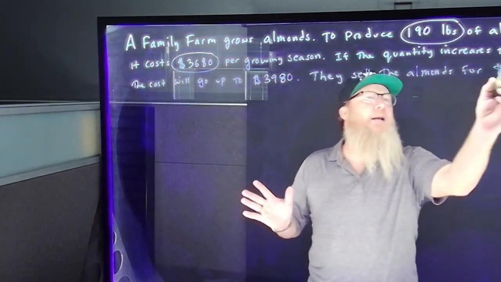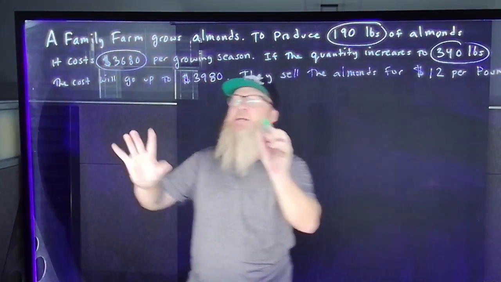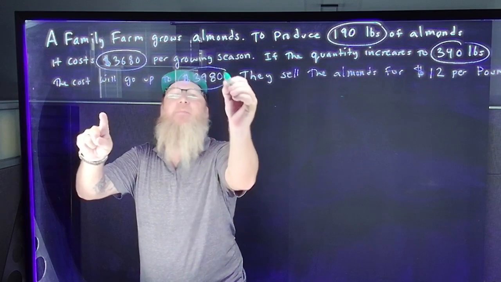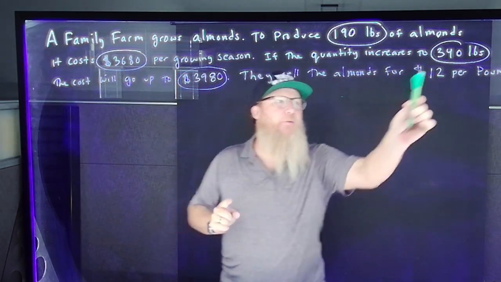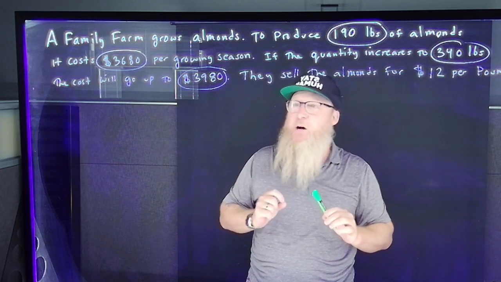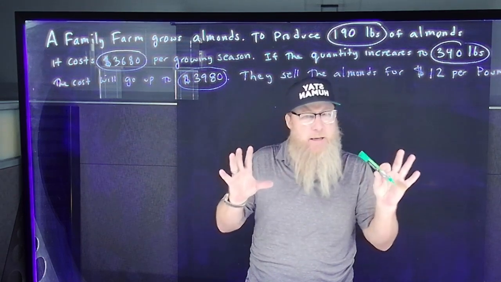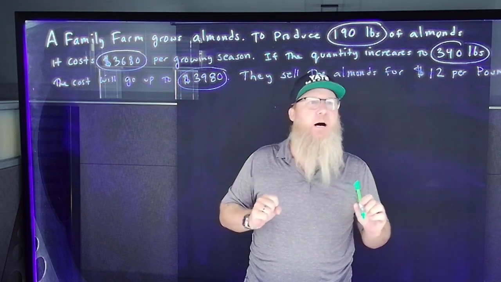If they increase the quantity to 340 pounds per growing season, notice the cost only goes up a few hundred dollars, $300. And you get a much larger harvest from a small increase in cost. So that tells us something about the rate of change of the per pound cost.